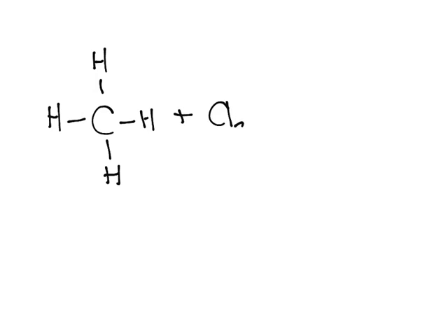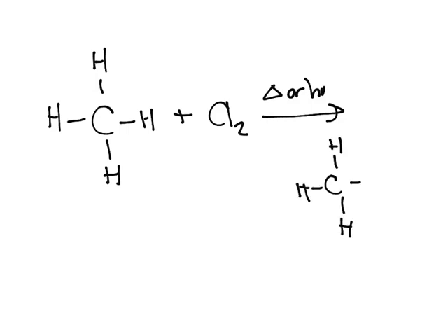But essentially what's going to happen is, let's say you start off with methane, so CH4, plus Cl2, and then you add heat or light, you'll get CH3Cl, key difference to note there, as well as HCl.